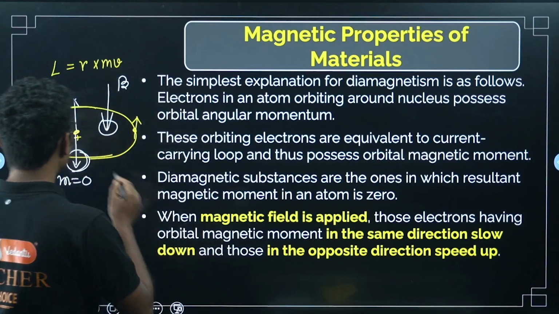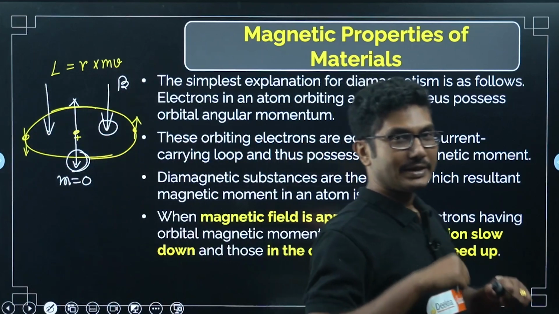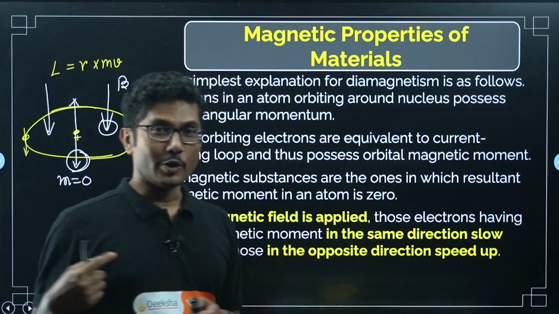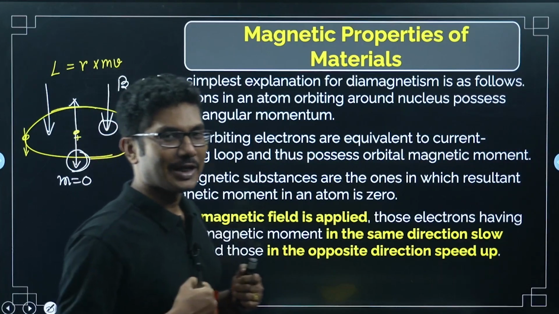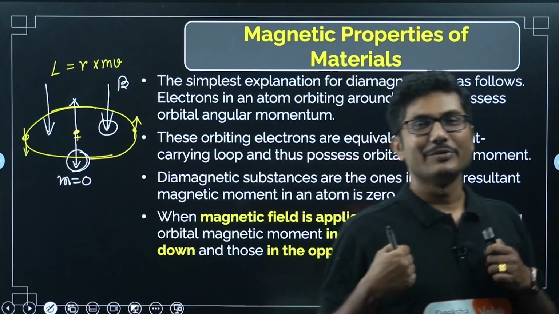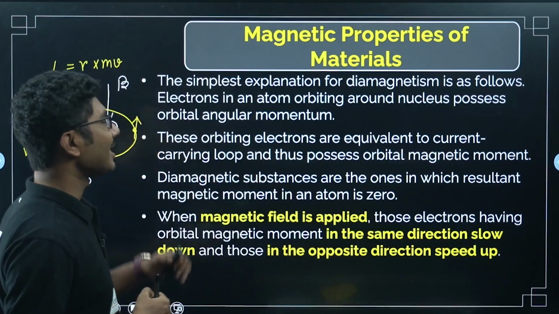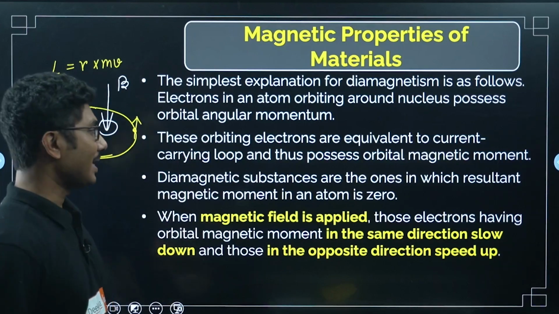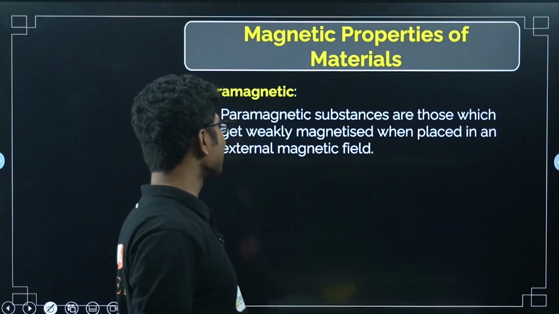Whoever is supporting the field will slow down, basically reducing the external magnetic field, and whoever is opposing it will get stronger, and thus it will reduce the overall effect of the external magnetic field.